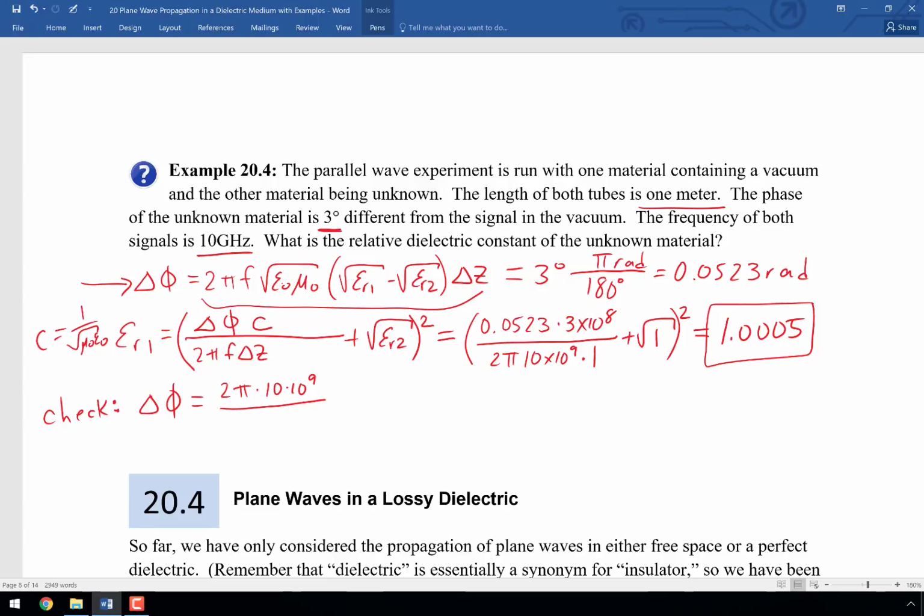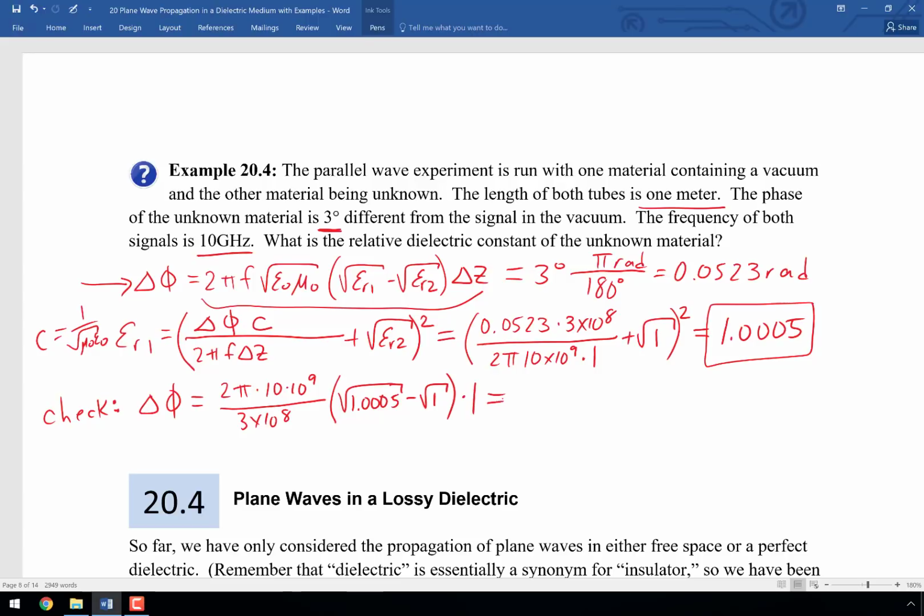It was in the numerator, so c is going to move down to the denominator, which is 3 times 10 to the 8th, and then that's going to be times the square root of 1.0005 minus the square root of 1. And then that's times delta z.